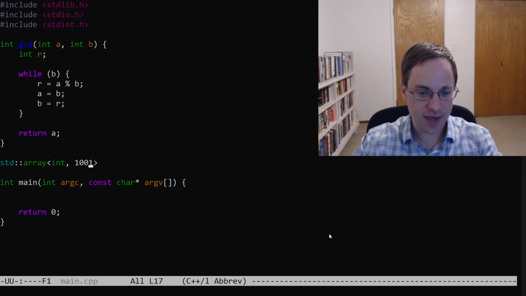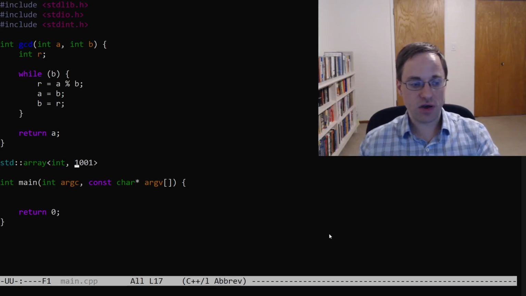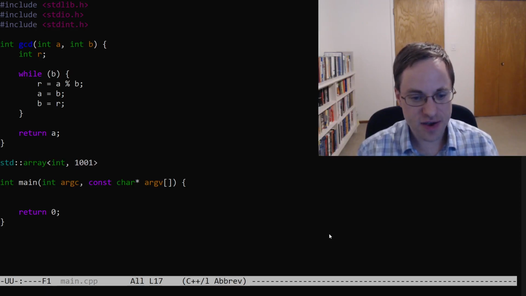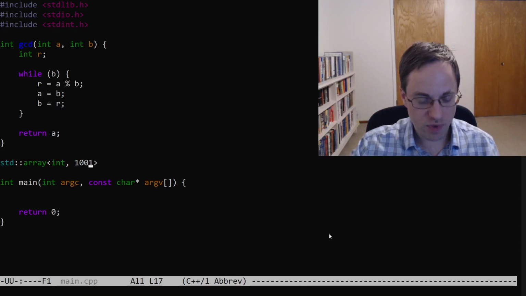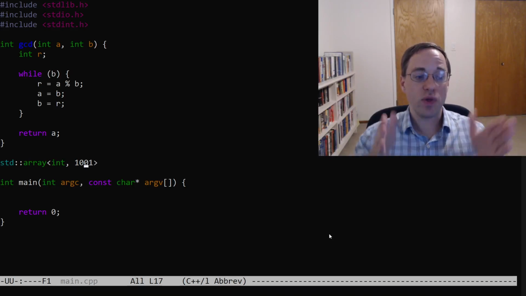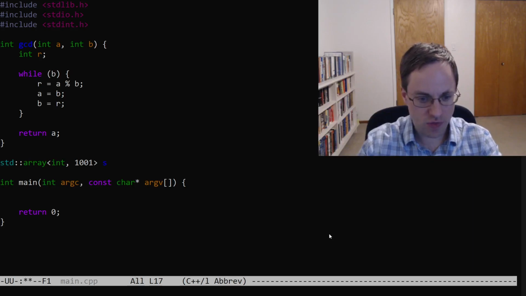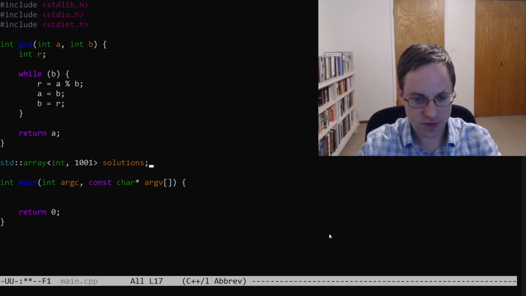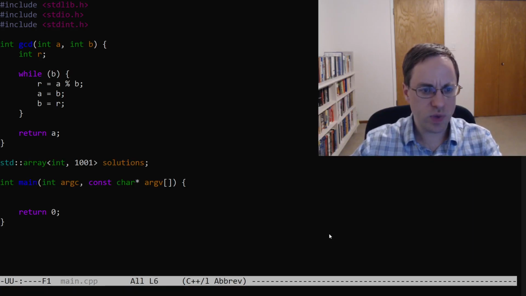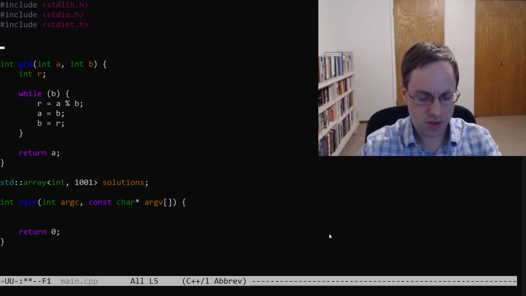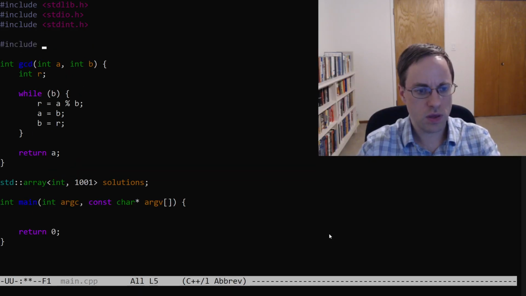Note that because arrays are 0-based, if we want to access element 1000, we actually need space for 1001 elements. So that's why this is what it is. And we'll just call that solutions. And we will need to include array.